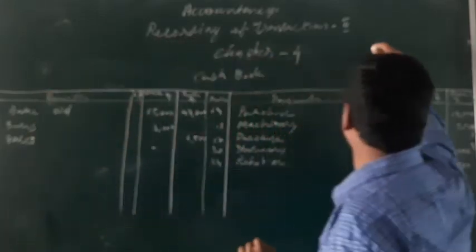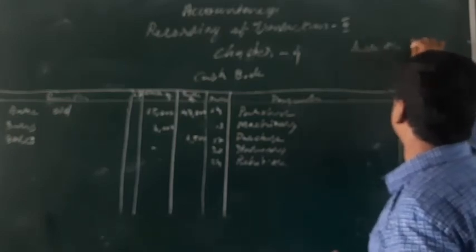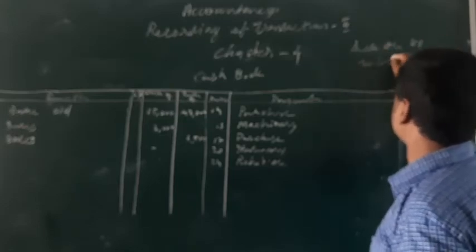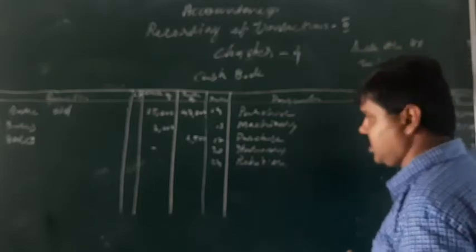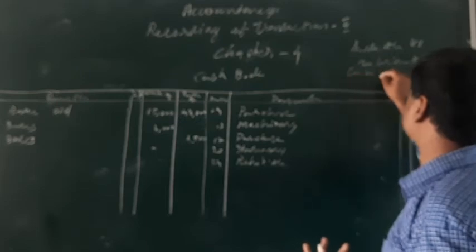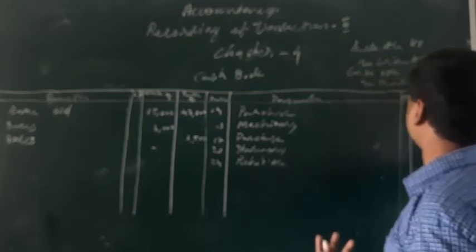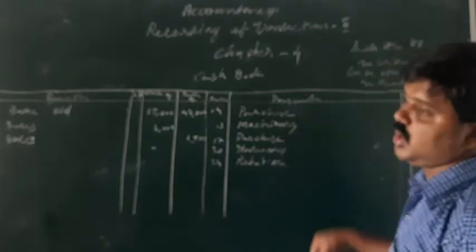The general entry when depositing is bank account debit to cash account. When money is withdrawn from bank, we write cash account debit to bank account. This is the general entry. These entries are known as contra entries.